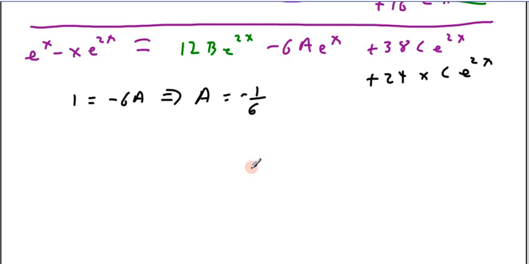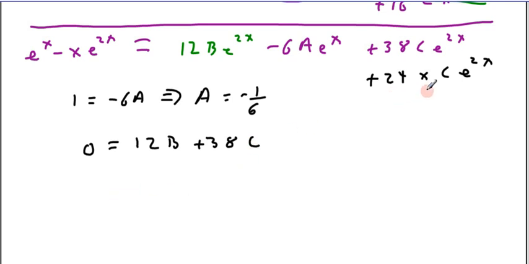Okay. And then the term that has the e to the 2x, but there is no e to the 2x, so 0 has to be 12b plus 38c.